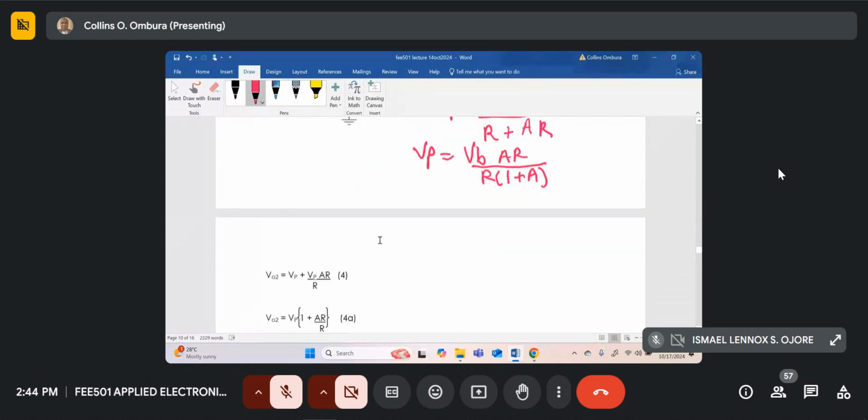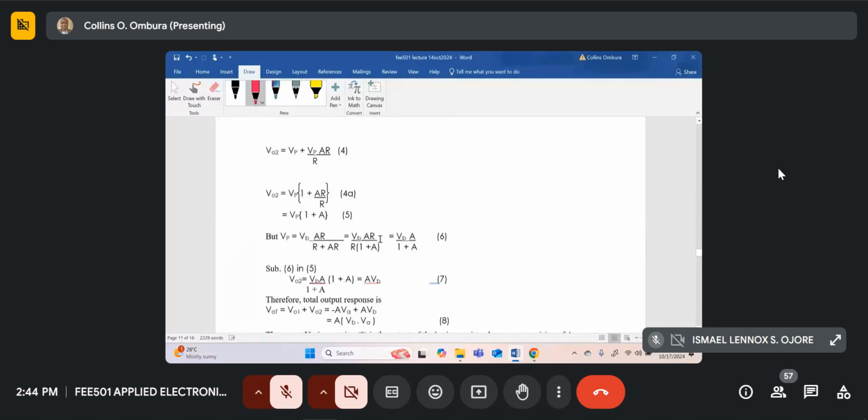So let's go to the notes. So equation 4 is VP plus, this was our I, into AR. I think I've done equation 5.